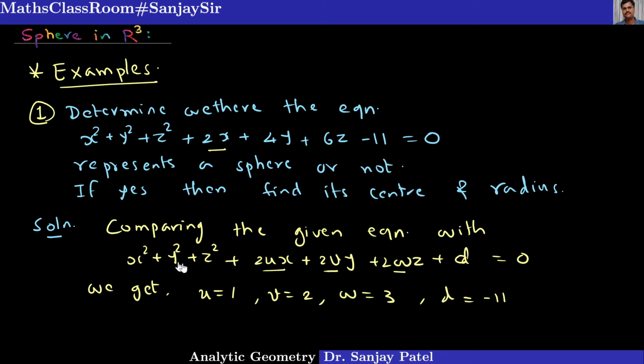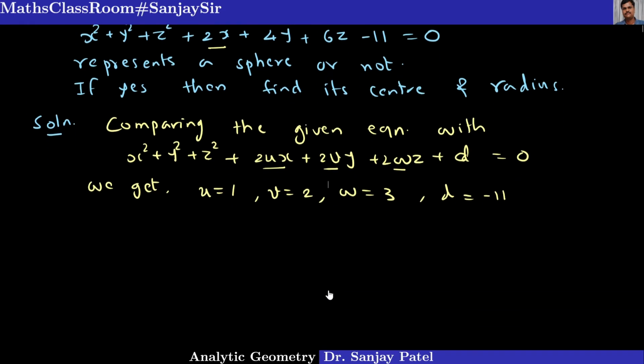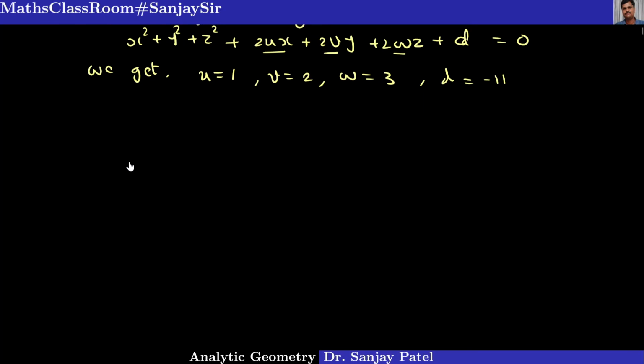Now to check whether it is a sphere or not, we will check that condition. Now you know the condition is u square plus v square plus w square minus d. Let us find the value of this expression. If this expression turns out to be positive, then our given equation is definitely a sphere.